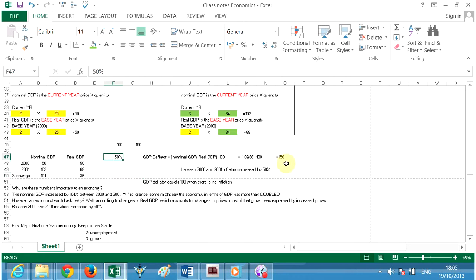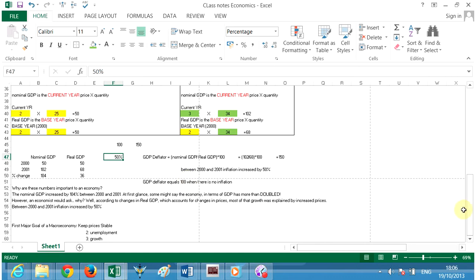So interpreting this 150, an economist would say, yes, the nominal GDP between 2000 and 2001 increased by 104%, meaning the nominal GDP has more than doubled. However, the majority of that, between 2000 and 2001, has been explained by price increases. According to the GDP deflator, between 2000 and 2001, inflation increased by 50%.